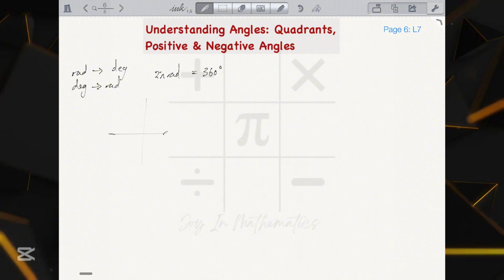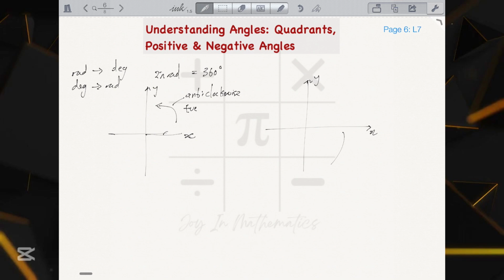If we have the Cartesian plane with the x and y axis, and the angle is moving in this direction, which we call anti-clockwise, we say these are positive angles.